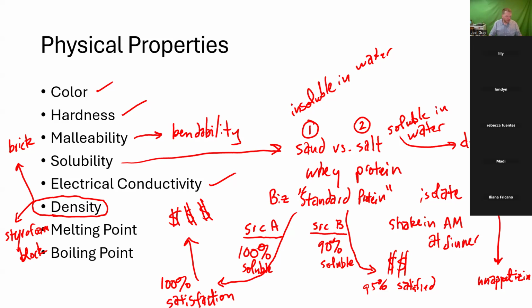The melting point of water, well, 212 is the boiling point of water, and the melting point of ice and the freezing point of water are the same, 32.